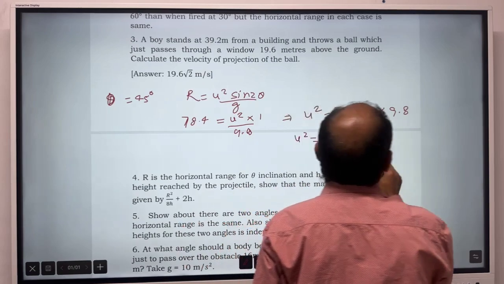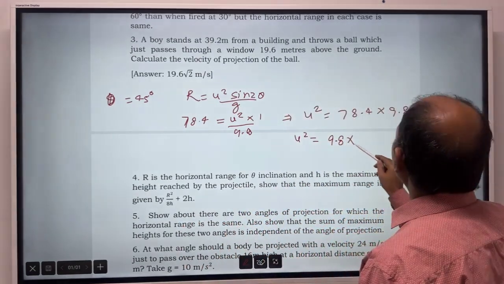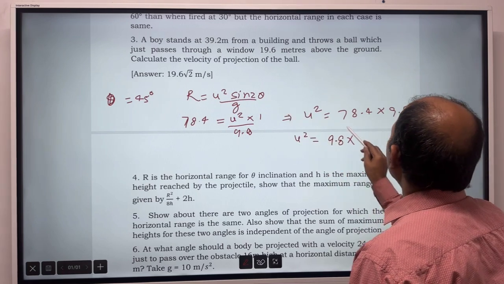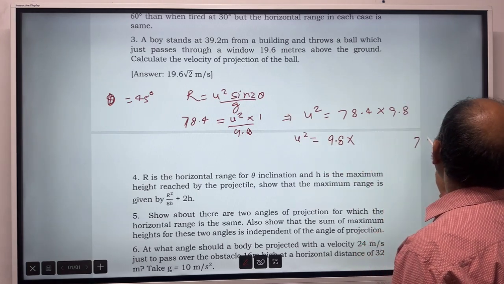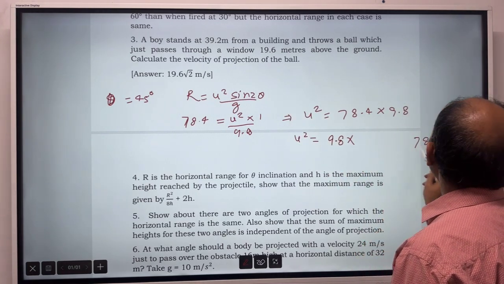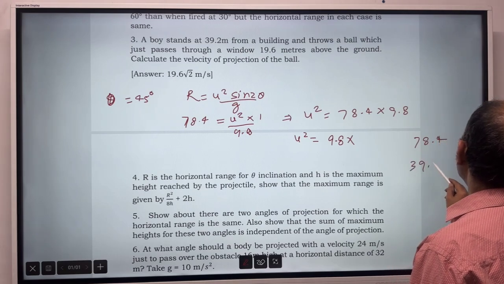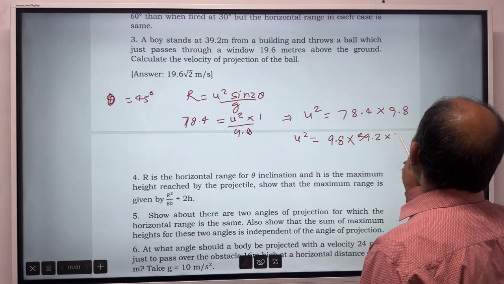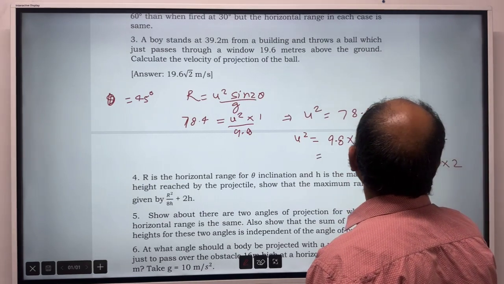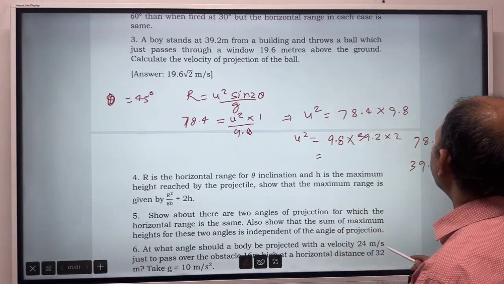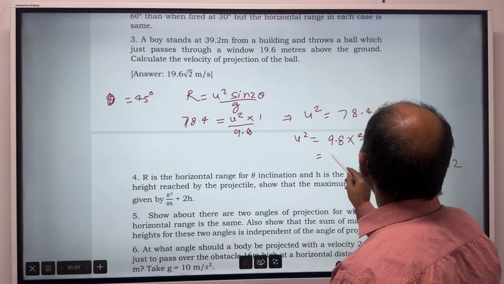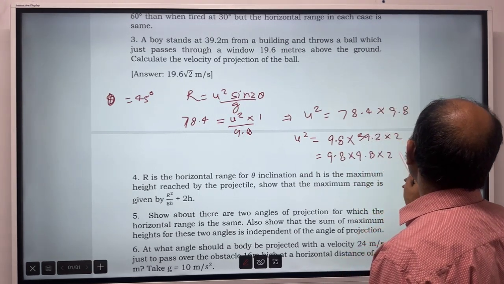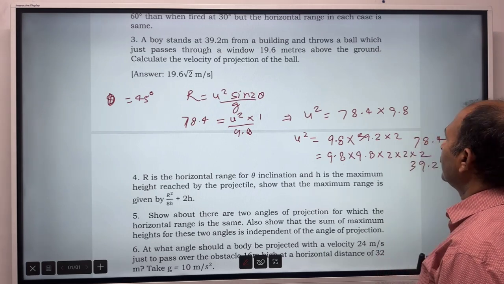So either we pair it, so if we multiply the same thing we will get 78.4, so this is 39.2 into 2. Further if we factorize, it will become 9.8 into 9.8 into 2 into 2 into 2.